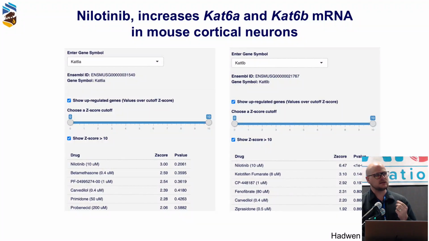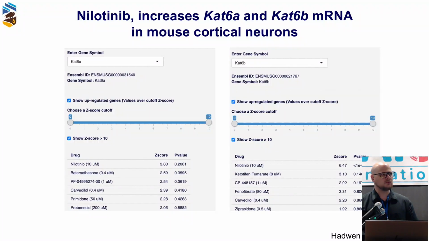Well, it was shown that at least in mouse neurons, the drug treating those neurons increases the expression of both KAT6A and KAT6B. So we thought, well, if this was loss of function in most patients, a drug that increases the expression level of the wild type or the reference could be good. And so as a proof of concept, we wanted to try this in our fly models.